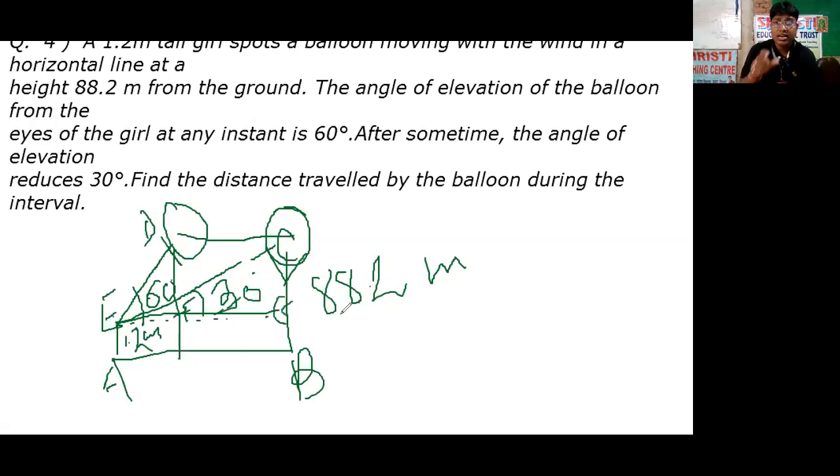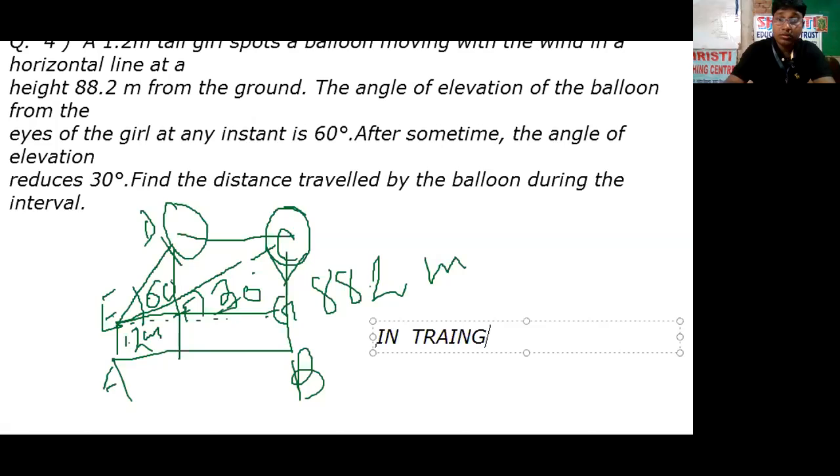So this is the starting process of solving this question, and we have named all the points possible in these two triangles. Now you can consider these two triangles: triangle ECG, and one more triangle here, EDF.